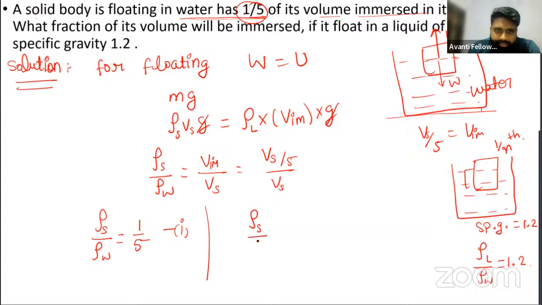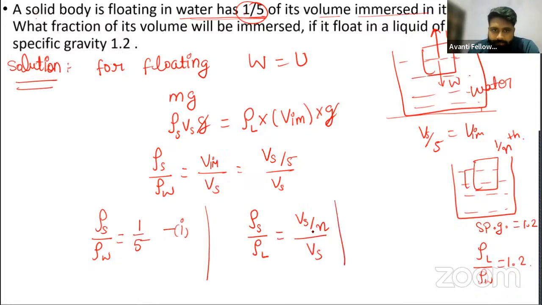Rho of solid divided by rho of liquid. Now we do not know that this liquid is water or not. The specific gravity is 1.2, so definitely it will not be water. So rho of solid divided by rho of liquid is equals to volume immersed, so we have assumed it Vs by n, divided by volume of solid.